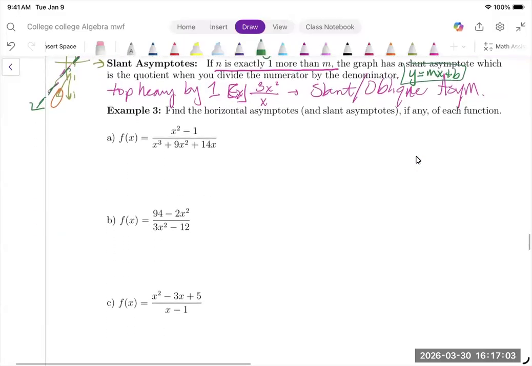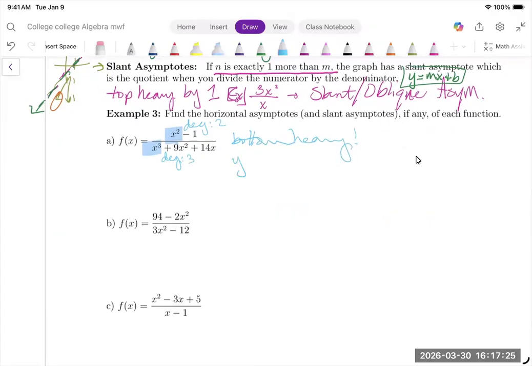For A, B, and C, I'm just going to identify the leading terms and the degrees. Here, the numerator is degree 2. The denominator has degree 3. So I think of this as bottom heavy. I know automatically that y equals 0 is my horizontal asymptote.